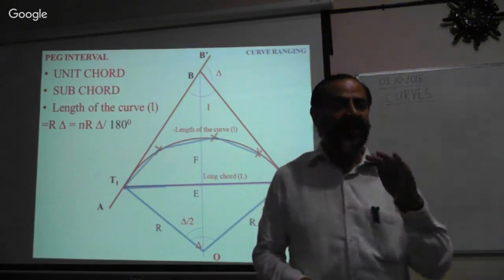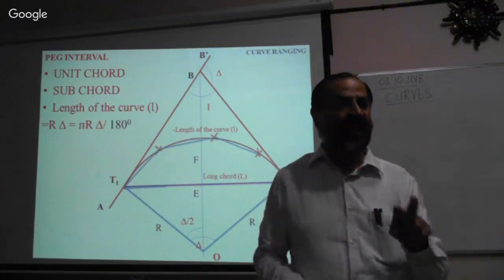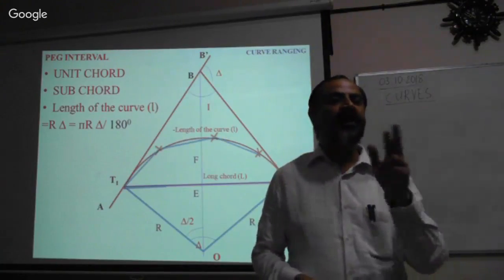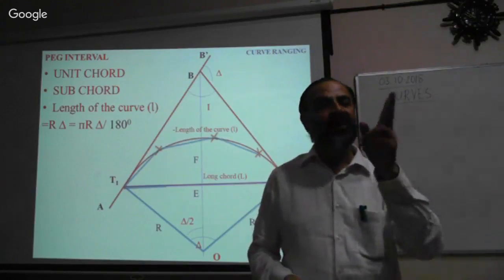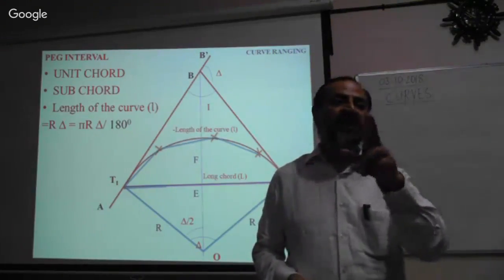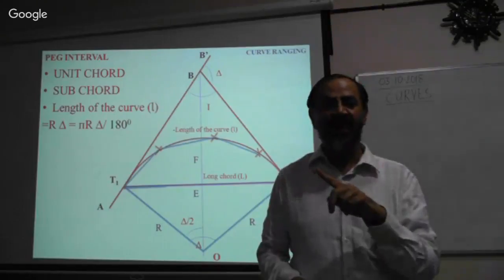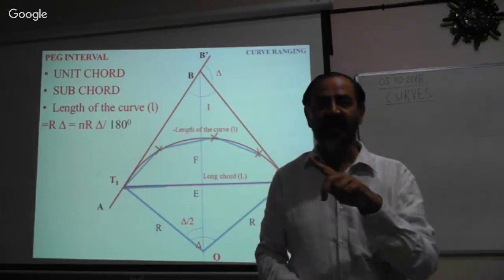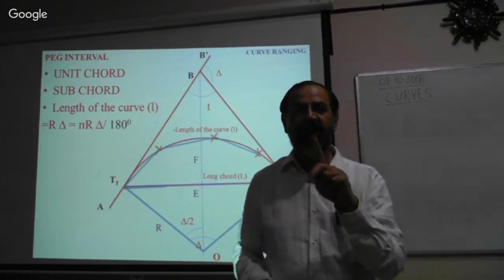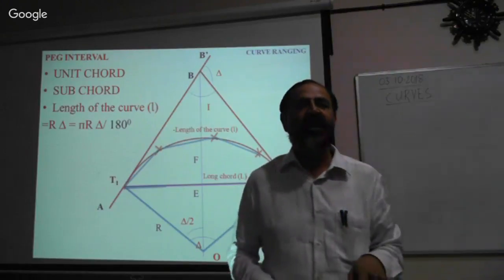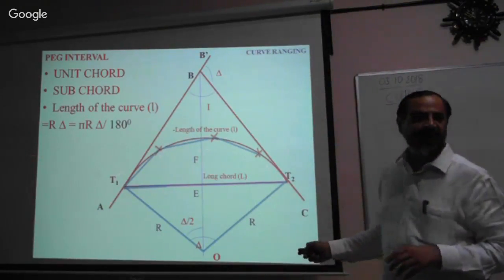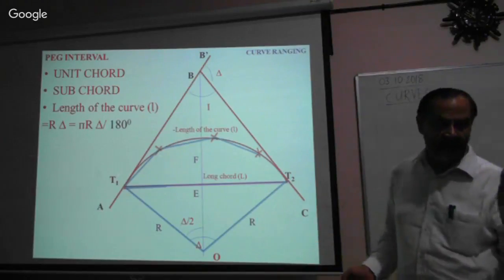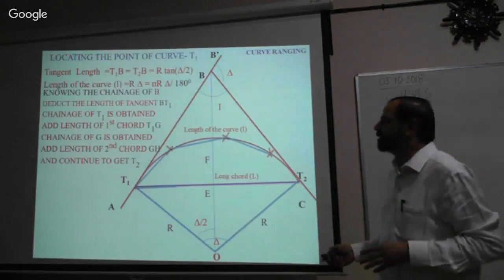Or if you divide it into 20 meter card length, instead of 17 plus 1, we will make it 16 plus 1: 16 cards of 20, and the other one a sub card of 25 meter. Then our curve length will be 345 meter.